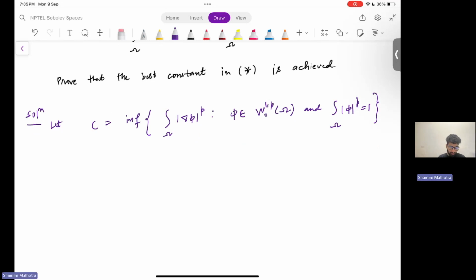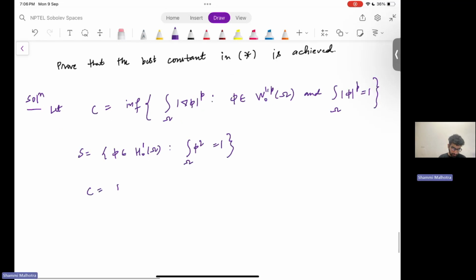What we try to do is assume S to be the set of all phi in H_0^1(omega) such that the integral of phi squared over omega is equal to 1. Then this C is nothing but the infimum of this functional.